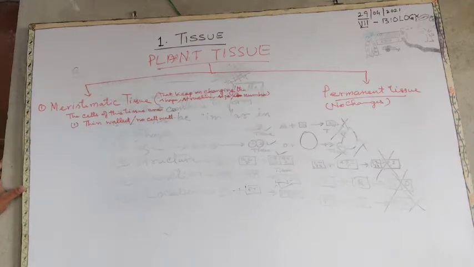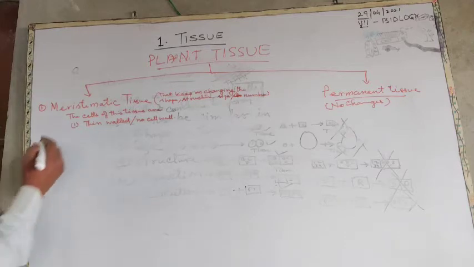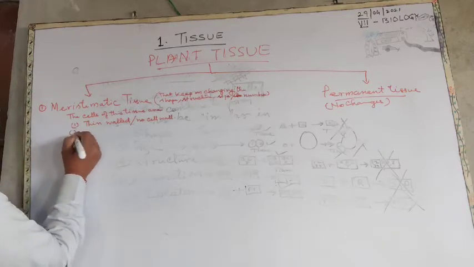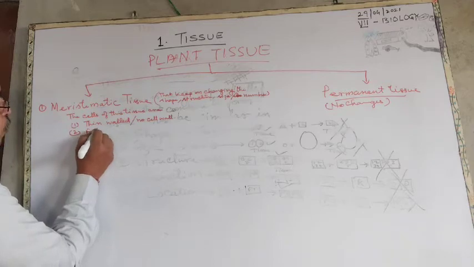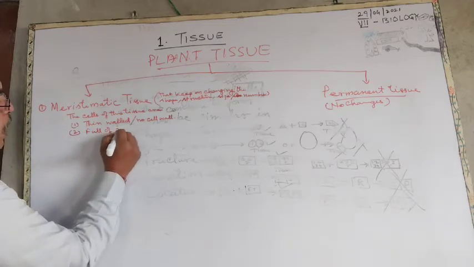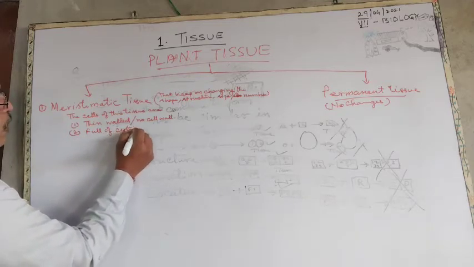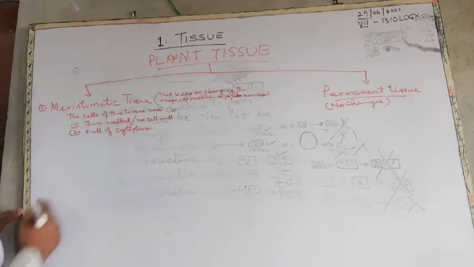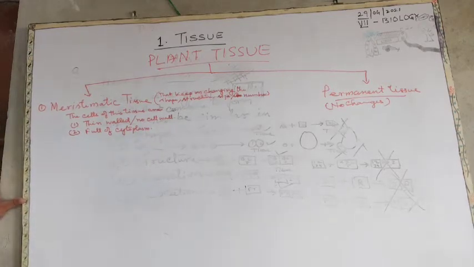These cells that make meristematic tissue may have thin walls or they may not have any cell wall. The second feature of these cells is that they are full of cytoplasm, the material that is required to support the cell organelles is abundant.